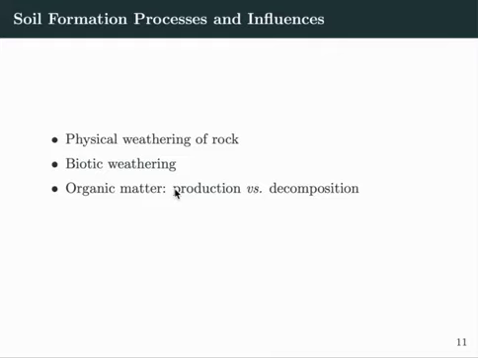The difference in organic matter in soils is a reflection of how much biomass is being produced in an ecosystem, so how productive the vegetation is, versus how fast it decomposes. And the relative rates of production and decomposition determine the amount of soil organic matter.